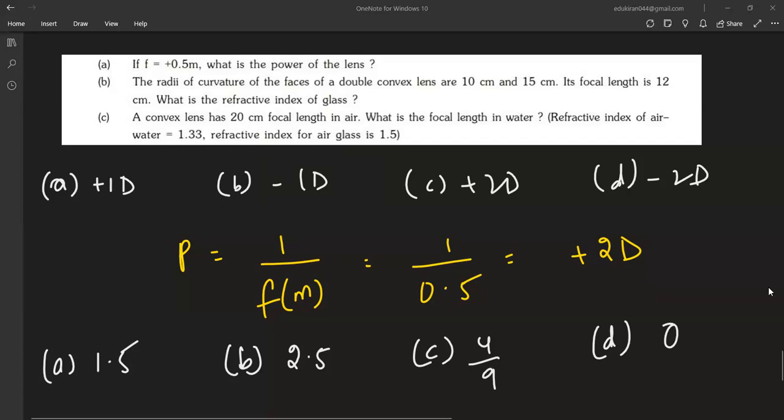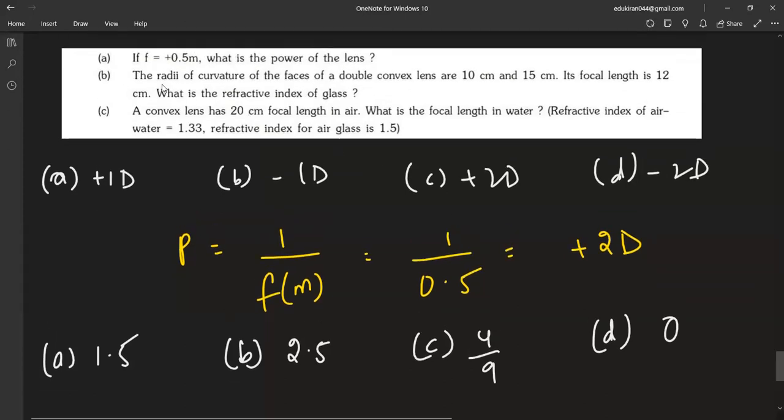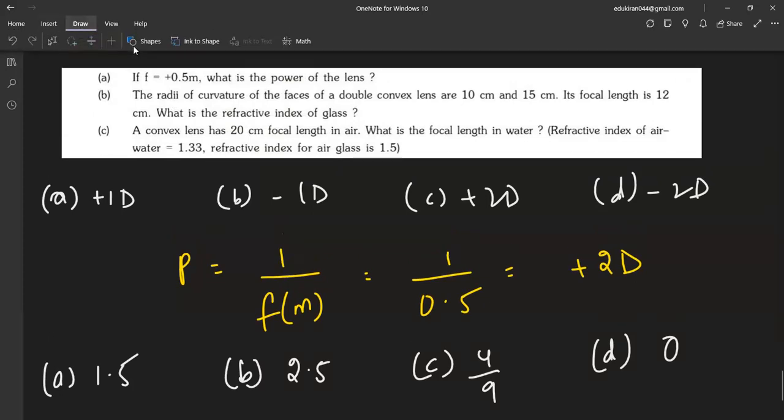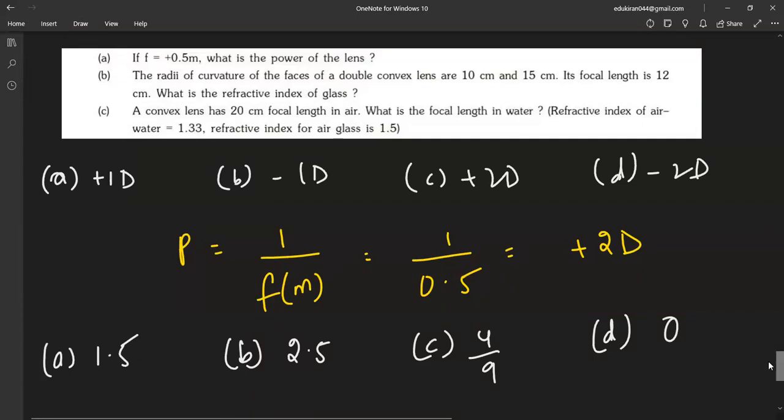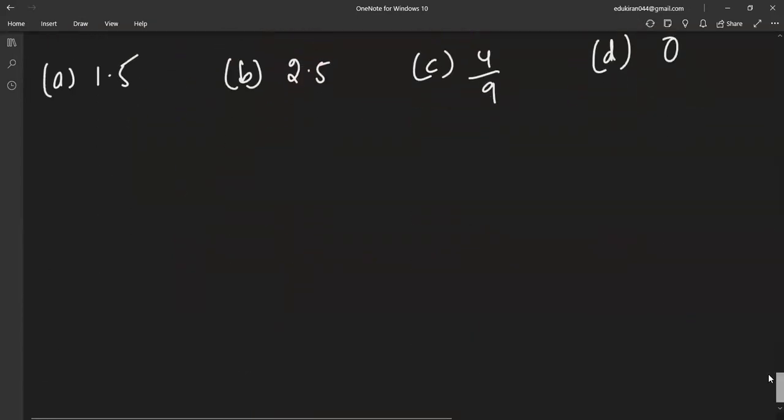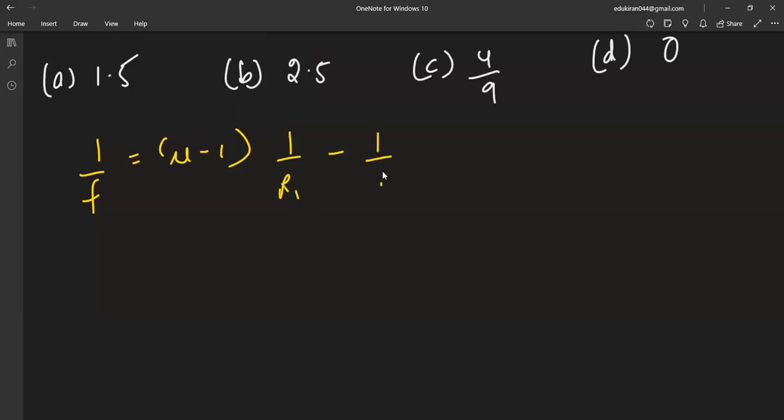A option. See, it says the radius of curvature of the double convex lens is 10 centimeter, 15 centimeter, and you had to write down the focal length. See, 1 by focal length is equal to mu minus 1, into 1 by R1 minus 1 by R2.